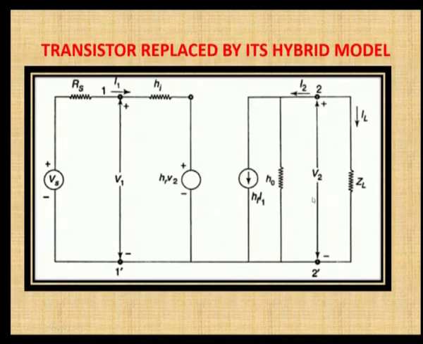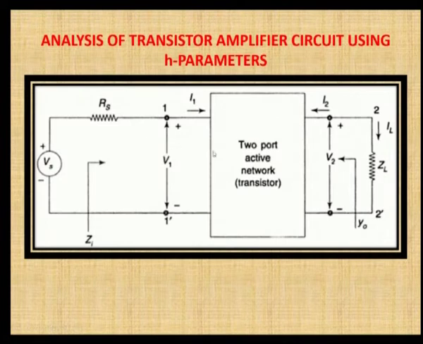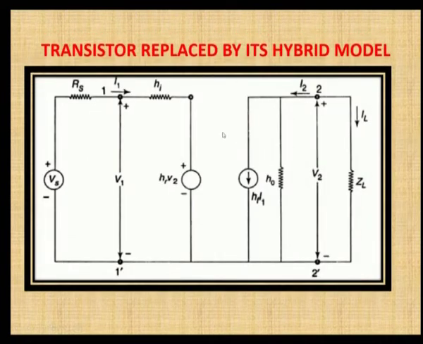We have replaced the transistor part with the hybrid model, and beyond this hybrid model you can see the resistance of the source and also the voltage source, and at the output there is an impedance connected. This is what we have seen in the block diagram also. The only thing is that the two port active network is replaced with the hybrid circuit here.